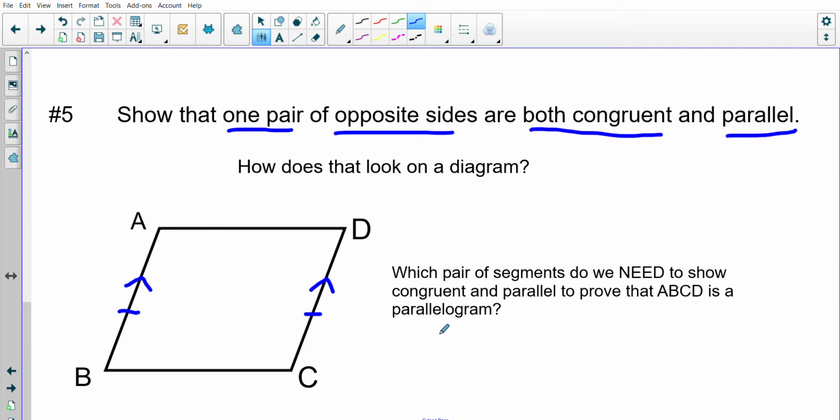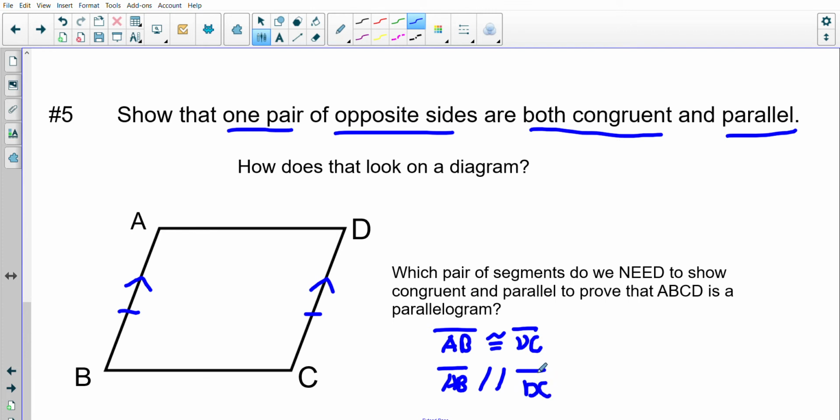Answering the same question, which segments do we need to show congruent and parallel? We can say that segment AB must be congruent to segment DC, and we would want to show that segment AB is parallel to segment DC.